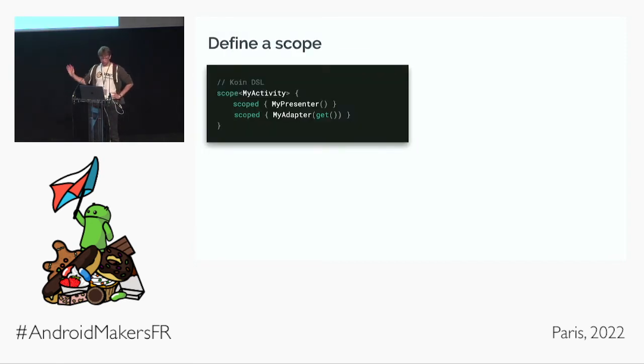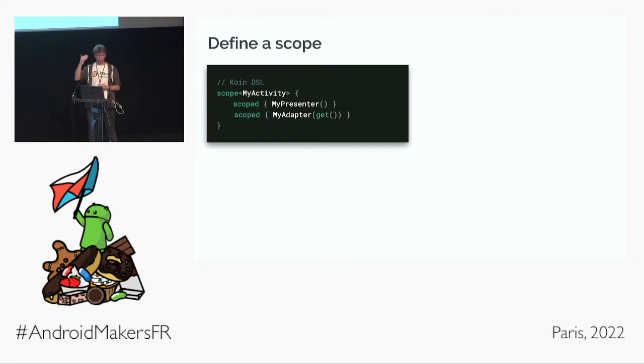To define a scope, in your module section, open a scope section like that, scope of the given type. You can even give a qualifier if you want to make something really custom with just an ID, something that is not tied to a type. Then you can use scope with a qualifier. But the best, for example, to describe a scope for an activity is scope of the given type.